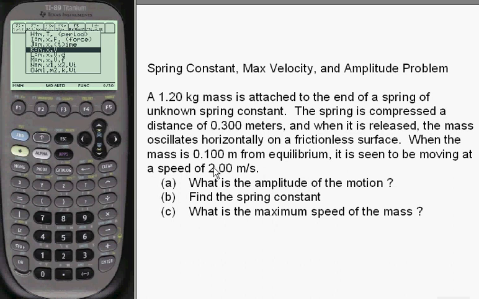So you have that all on your paper here, these four things: mass, x, velocity, and displacement, d. And we're asked to find the amplitude of the motion, the spring constant, and then what's the maximum speed of the mass, okay? Speed is a scalar property. It has no angle. Velocity does have an angle, but they're both the same for our purposes.